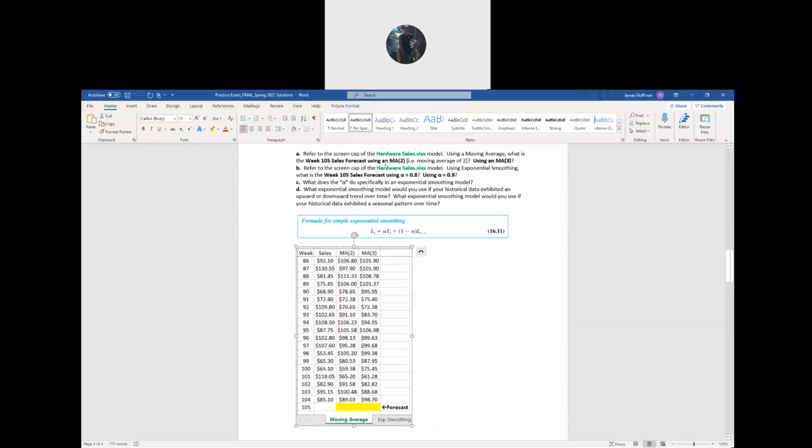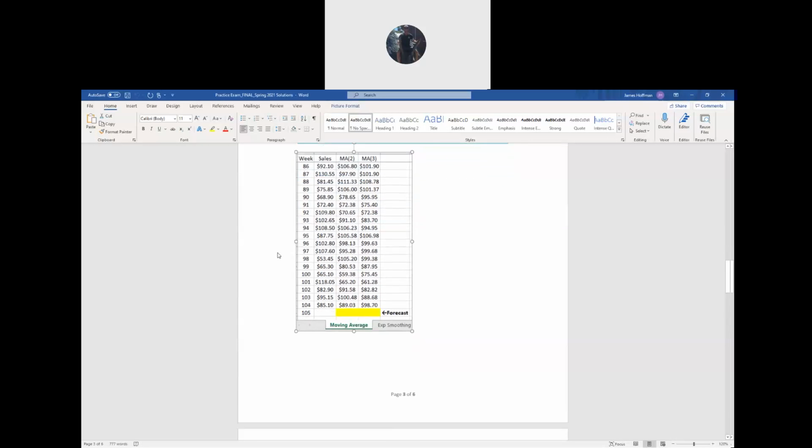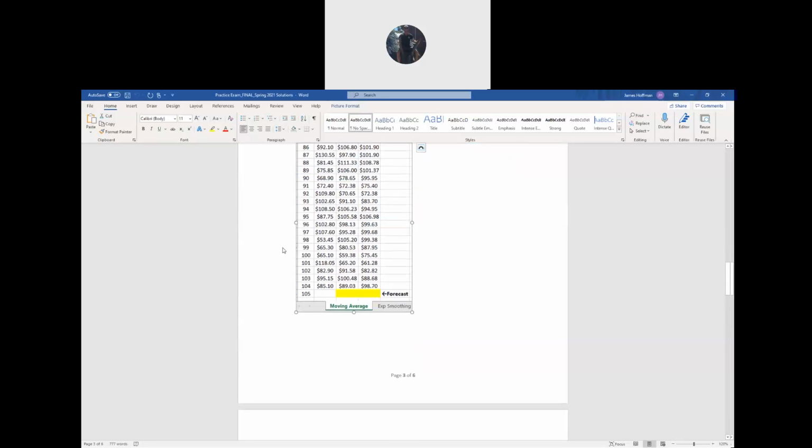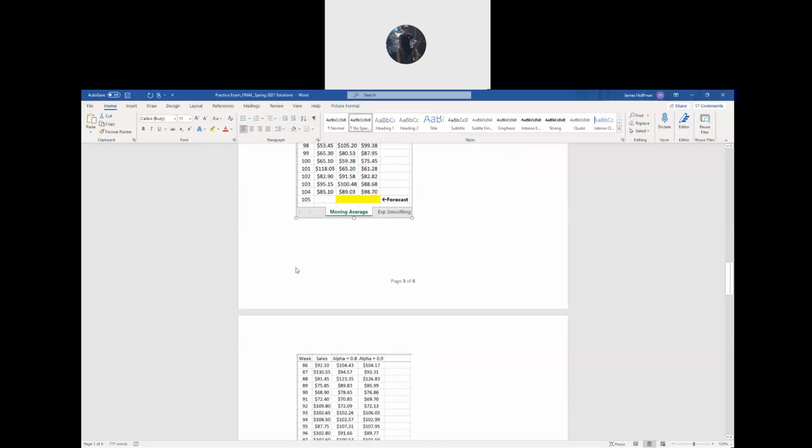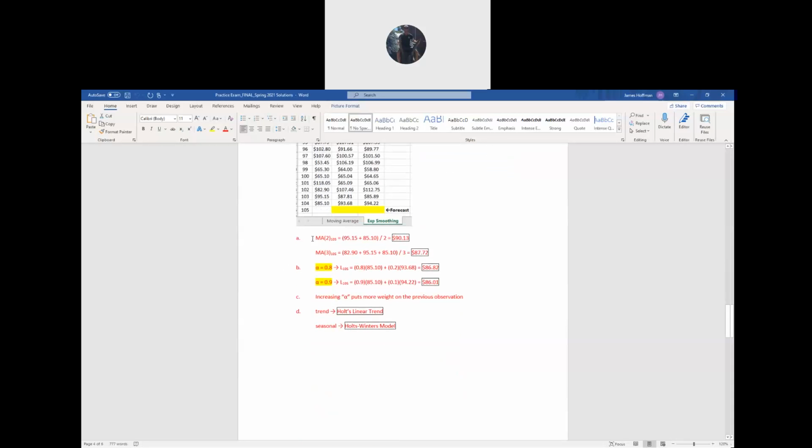Okay, so let's do part A. Let's calculate an MA2 and an MA3 using this screen cap. Okay, part A, if you want a moving average of 2 for week 105, all you gotta do is take the average of the last two sales data points, which would be week 103 and week 104.